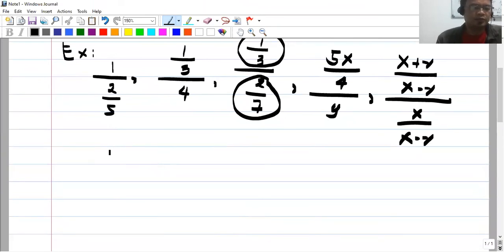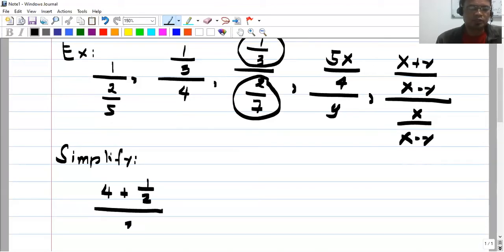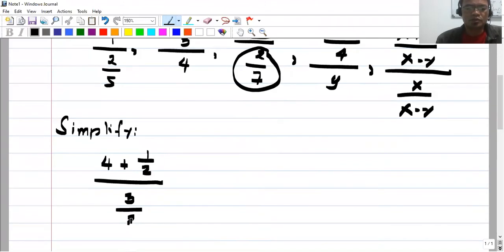For example, we have simplify 4 plus 1/2 all over 3 over 2.